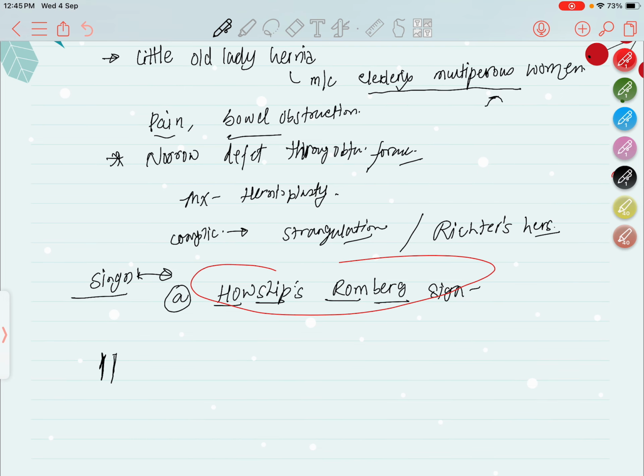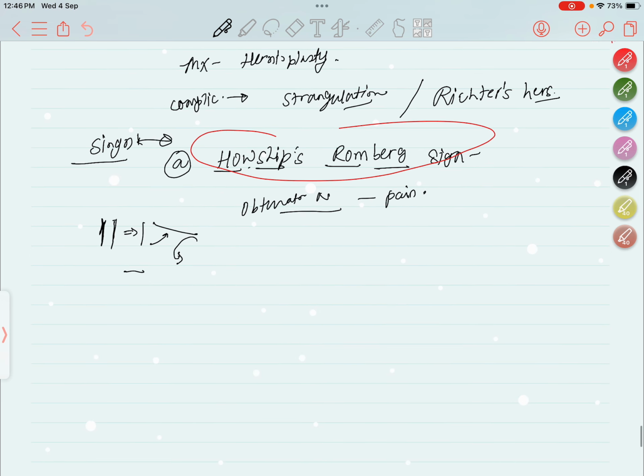Normally the legs are like this; if it gets like this, then it is abduction. On abduction and the medial rotation of the hip, there is a shooting pain along the obturator nerve. This is known as Howship-Romberg sign.